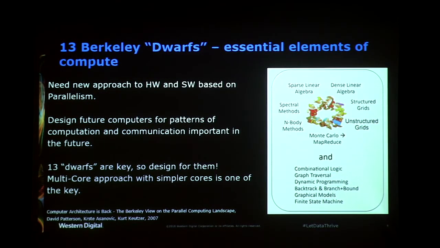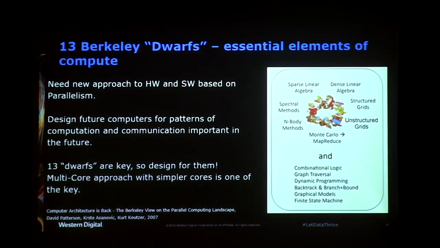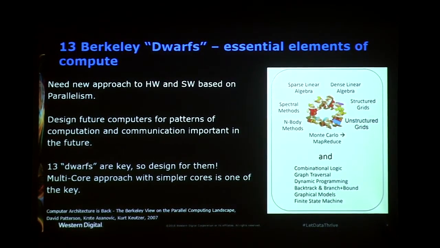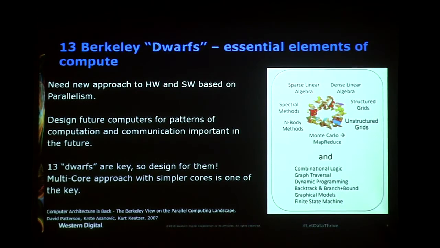Another thing is further customization of hardware: what kind of hardware do you really want to use for your machine learning operations, or what kind of hardware do you actually need?